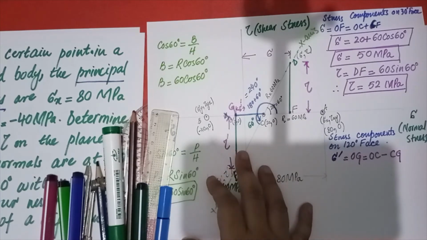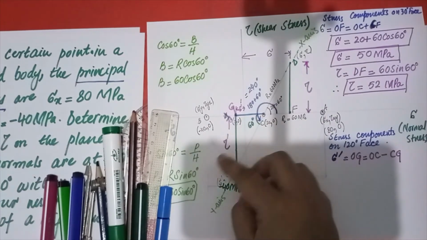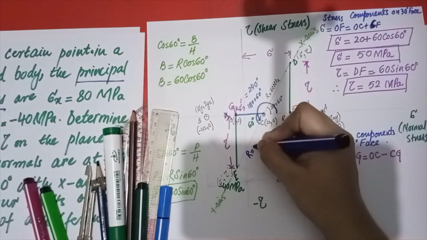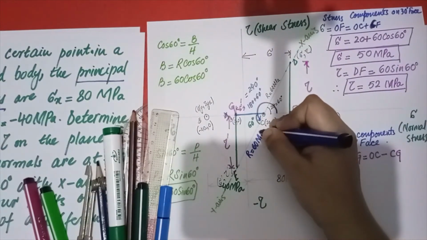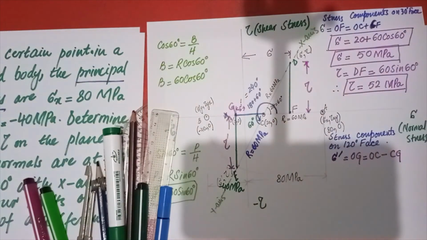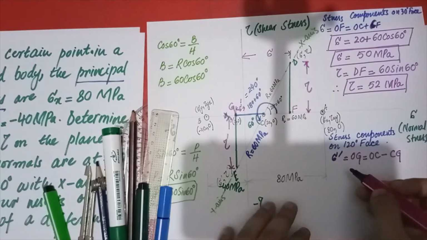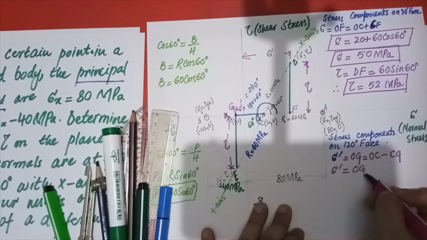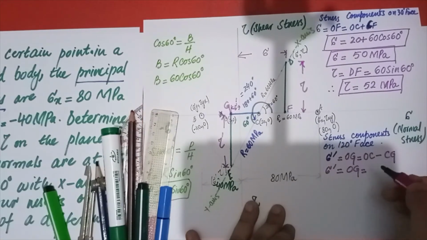So obviously this is the base and you know this radius. So this is radius, R equals 60 MPa. What I am going to do here is that sigma dash is equal to OG. And now OC is what?